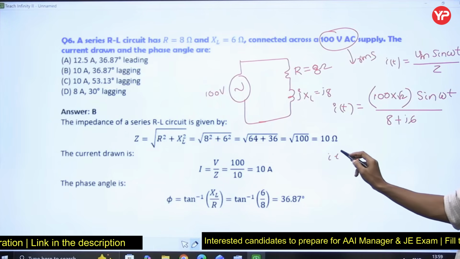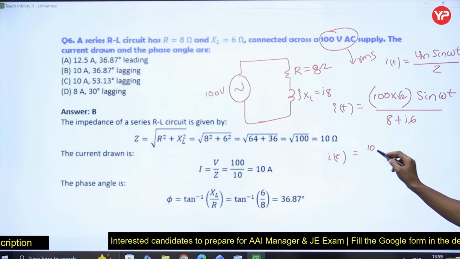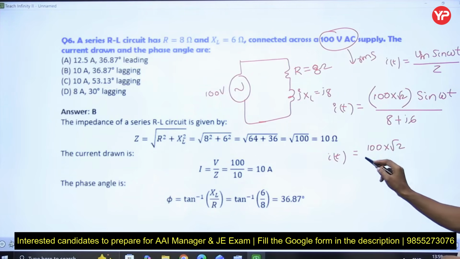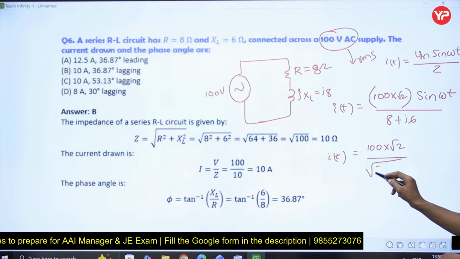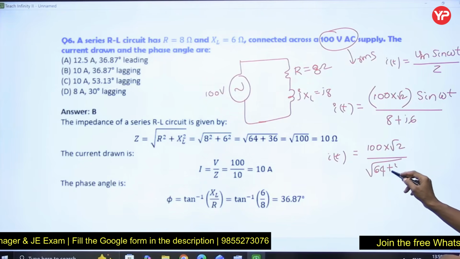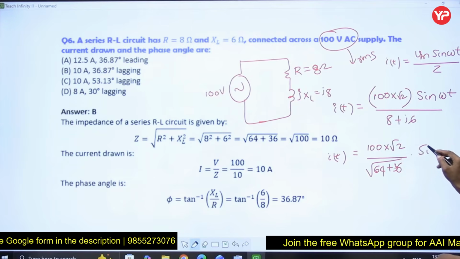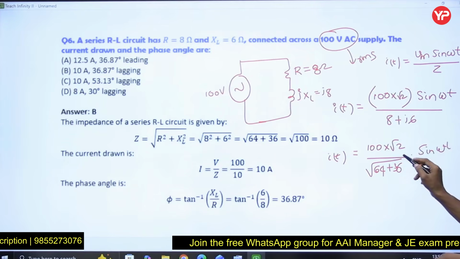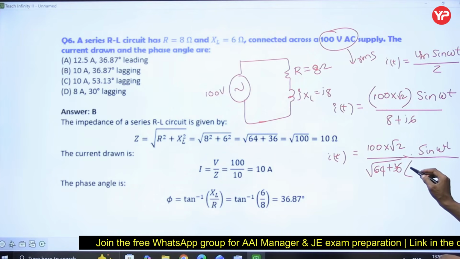Now I of t is equal to 100 into root 2 divided by root of 8 square is 64, 6 square is 36, into sine omega t, that is the magnitude. But every complex number is going to have an angle also. What is that?